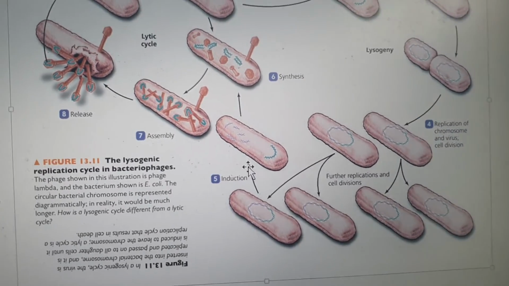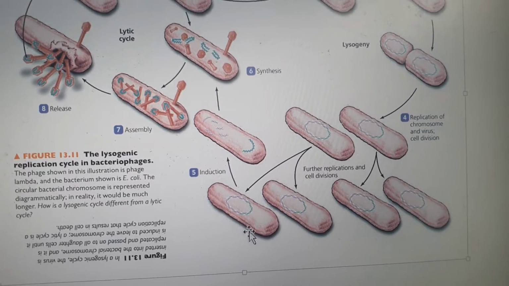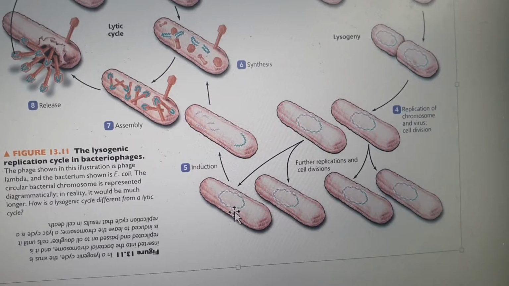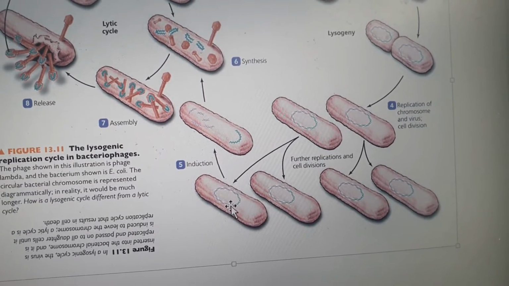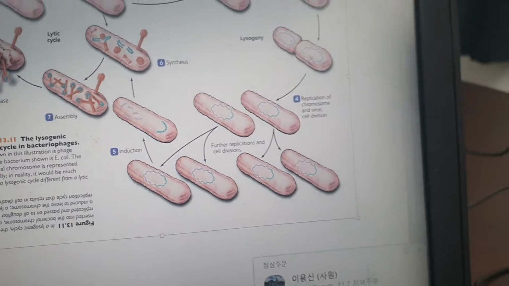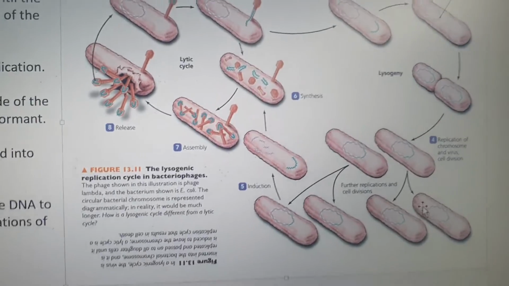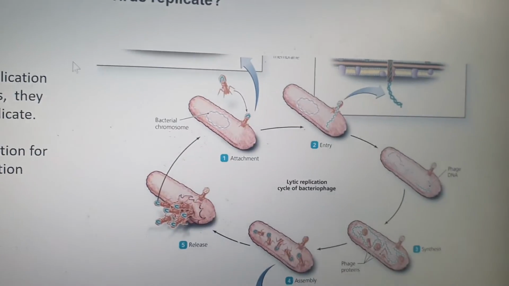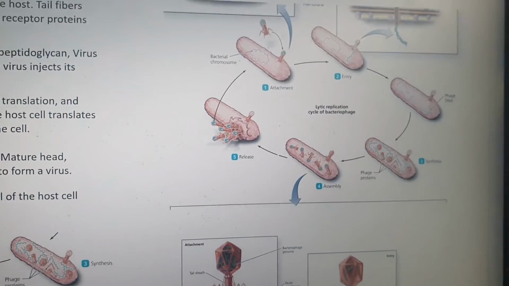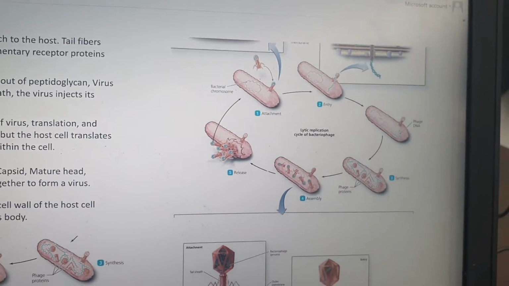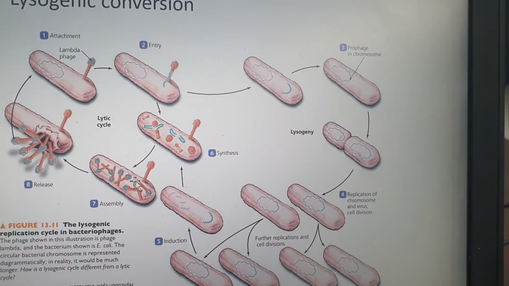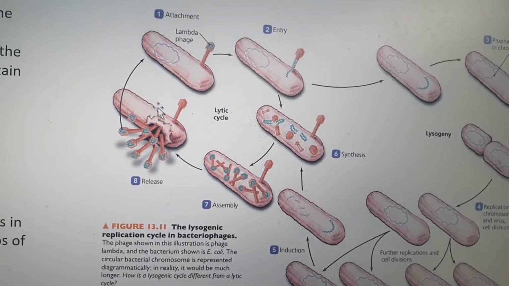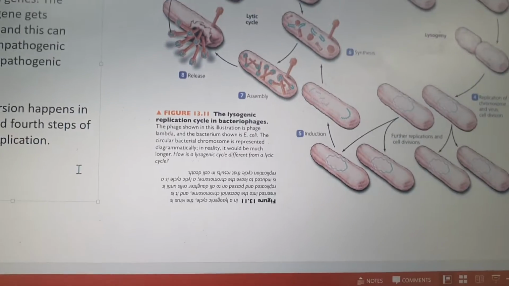In the last stage, when induction happens, sometimes the host chromosome excises certain DNA from its chromosome, and that excision is going to cause lysogenic replication to turn into lytic replication, which is going to cause lysozyme to break out from the cell wall, and the bacteria is going to get out.